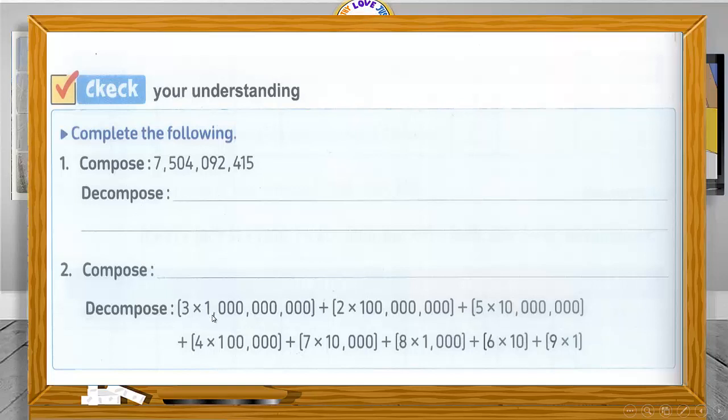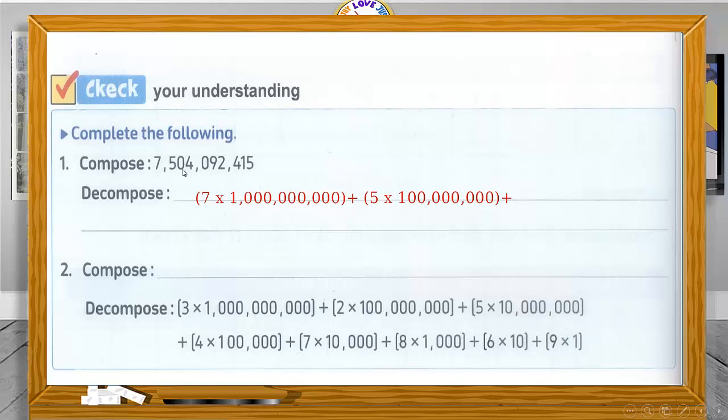To decompose, I said you can write your number by multiplying times 1 milliard, 1 million, and so on, or you can write the number in expanded form. We will multiply 7 in which place? In 1 milliard. So let's write 7 times 1 milliard. 5 in the 100 million place, so we will write 5 times 100 million.